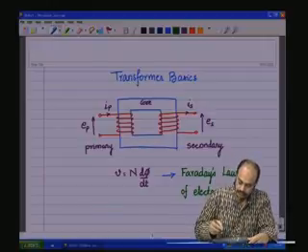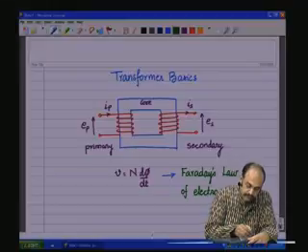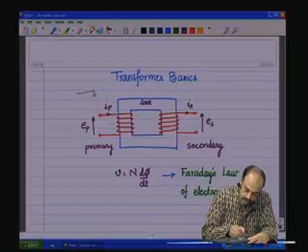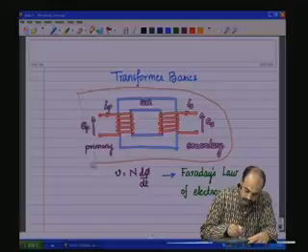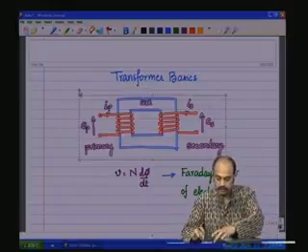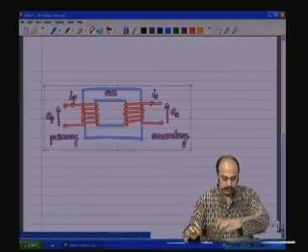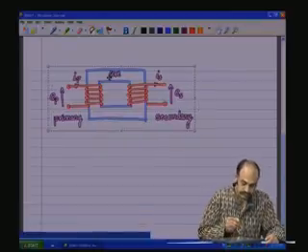Now, let us take this figure here. I have marked this figure. I am going to copy that, go to the next page, and paste it and then use this figure.